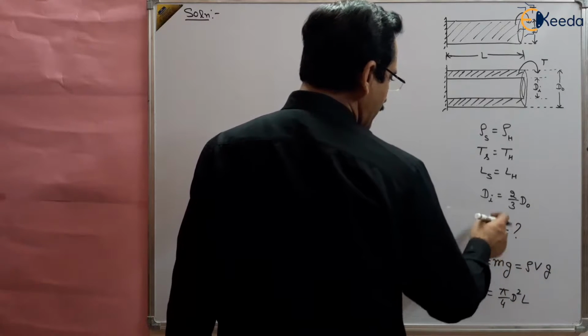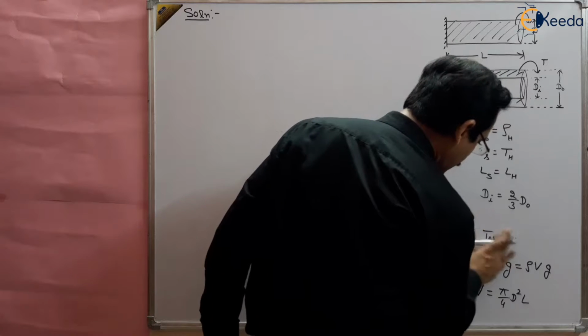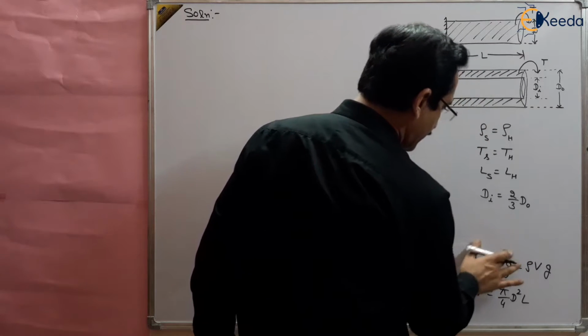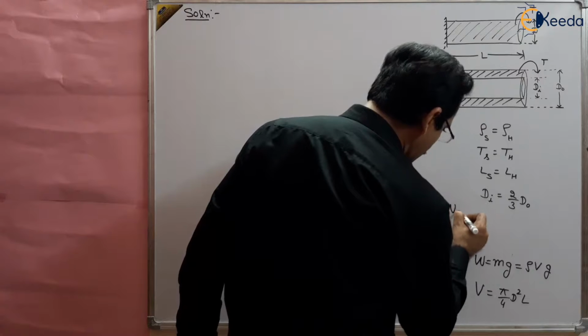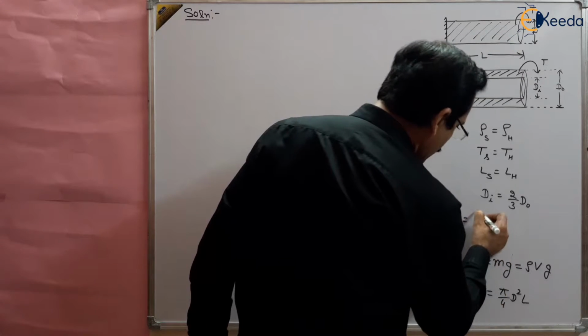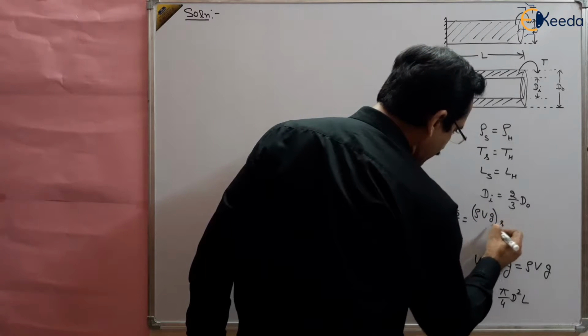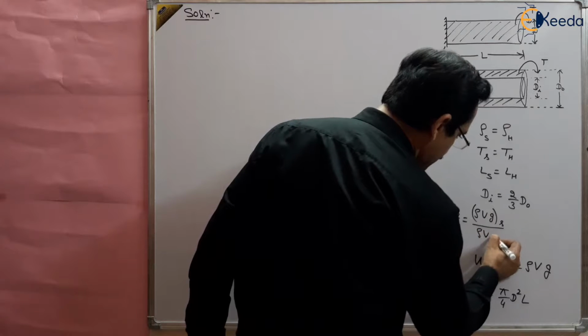So if we want to find out the weight, we can simplify it: weight of solid shaft by weight of hollow shaft, it means rho V g of solid shaft by rho V g of hollow shaft.